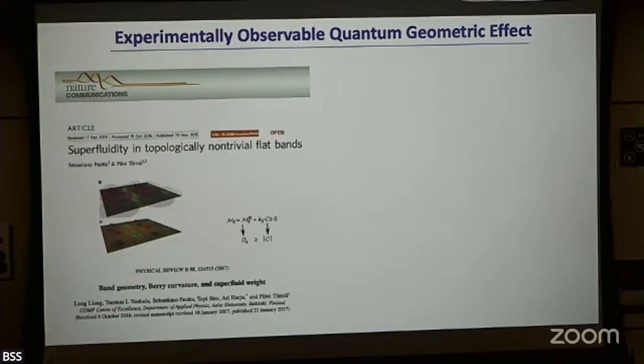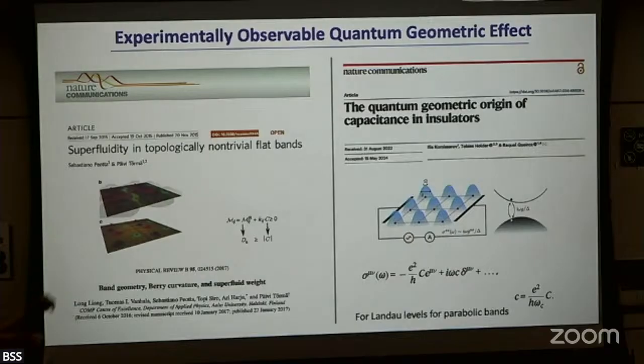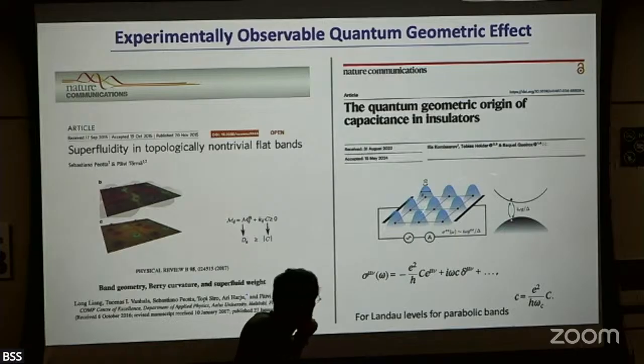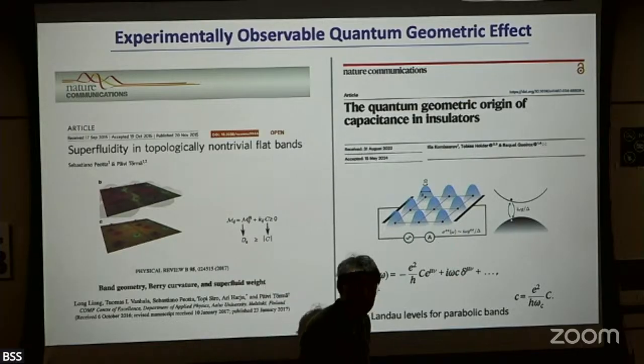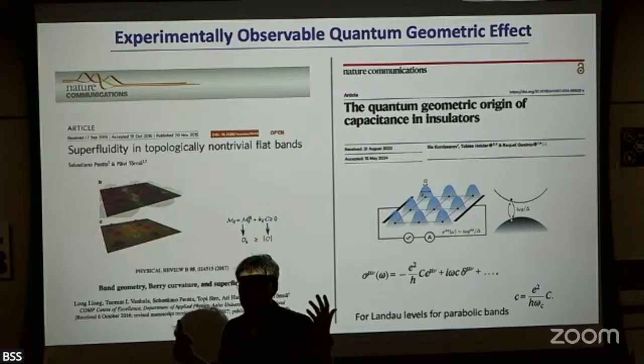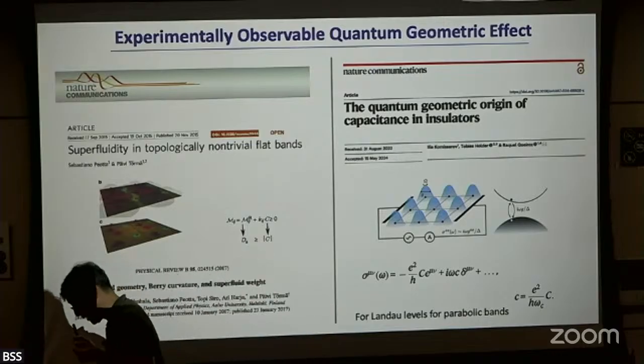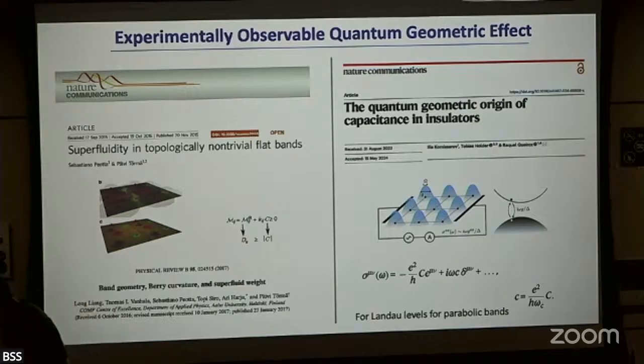Another theory was done by Raquel Queiroz, and in this case it is not a superconductor but an insulator. The theoretical expectation is that if you look at the electric response of the insulator, this dielectric response is related, again, to the quantum geometry, more precisely the quantum metric of the system.